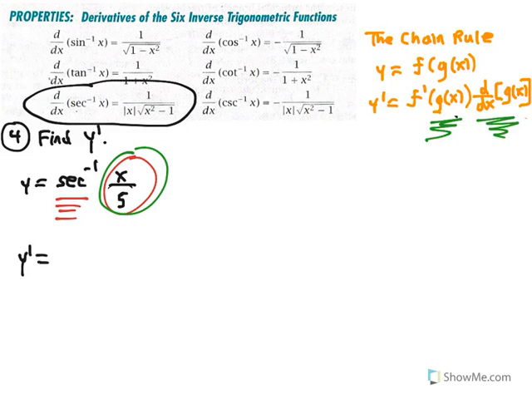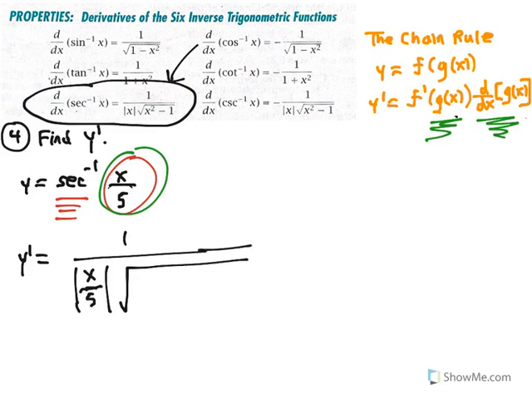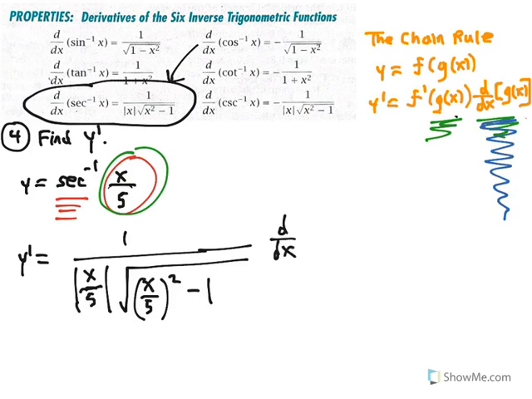So we will have y prime is equal to, using this differentiation rule, we have 1 over the absolute value of the inside function times the square root of the square of the inside function minus 1, and don't forget, now you have to multiply by the derivative of the inside function because we're using the chain rule.